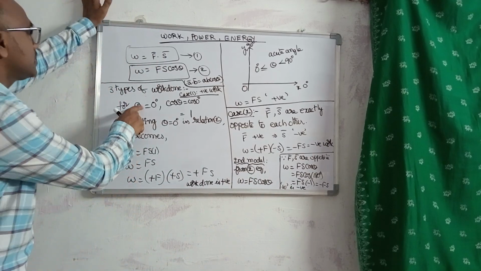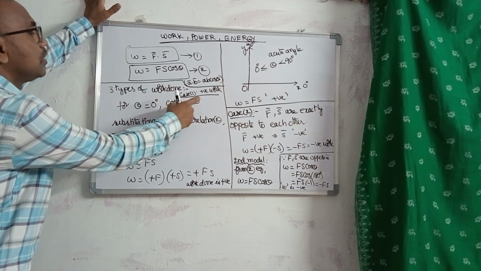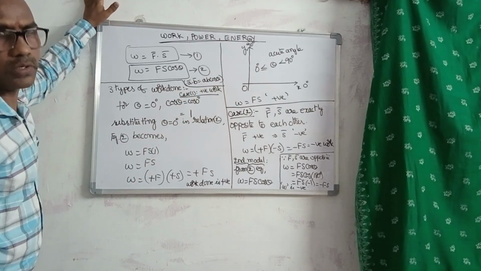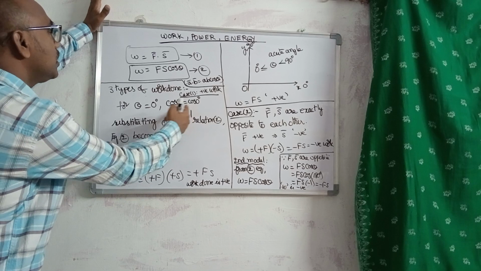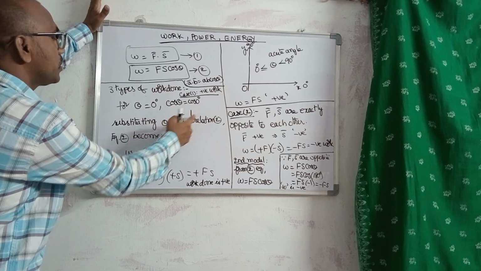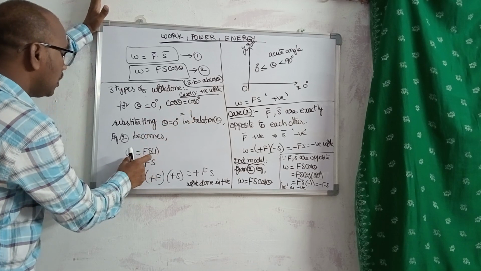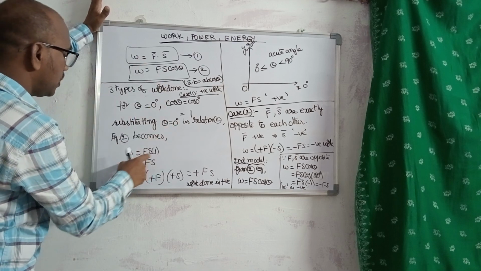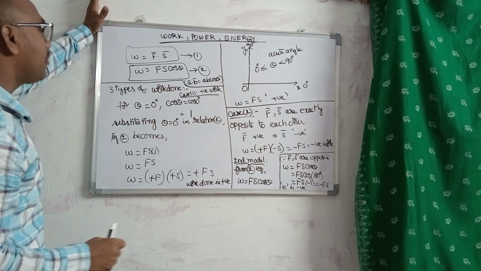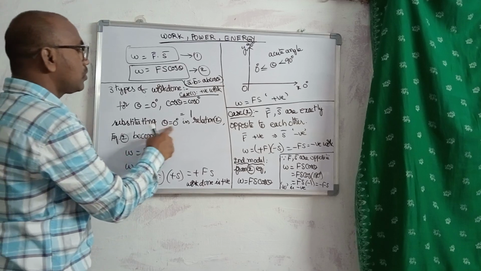Once again, this is an example of positive work done. I am taking theta equal to 0 degrees. We know cos theta equal to cos 0 equal to 1. So I am explaining this work done by taking 0 degrees: W equal to Fs. Why theta equal to 0 degrees?